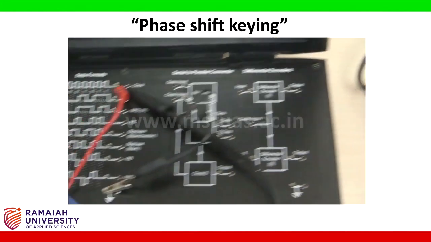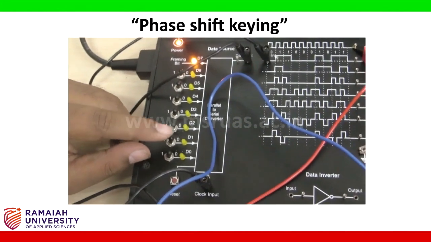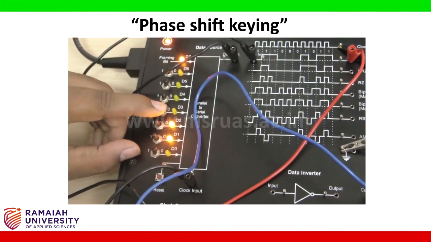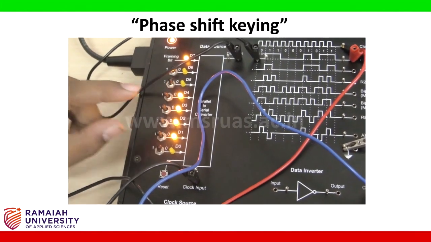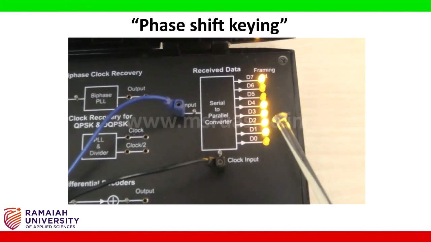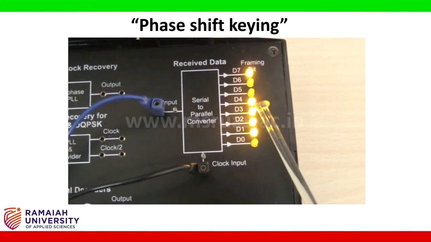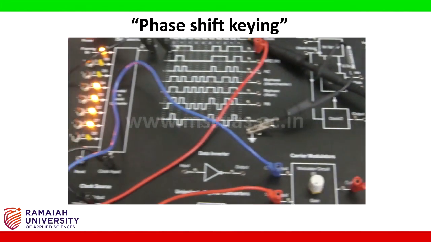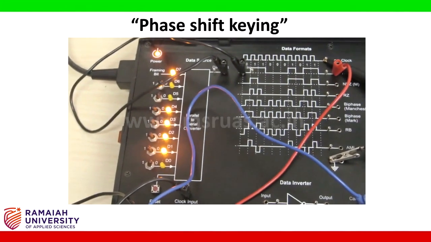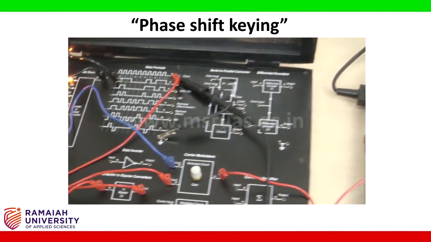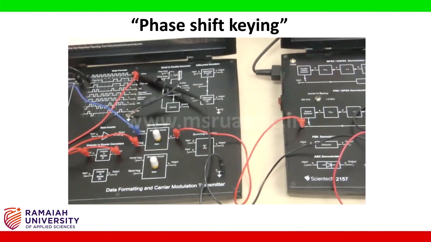Again I am varying a few bits, switching on the D1, D2, D3 and D4 bits. You can see the corresponding LEDs glowing here for D1, D2, D3 and D4. So this phase shift keying modulation and demodulation is working perfectly, and we are able to transmit certain bits and receive those bits faithfully.